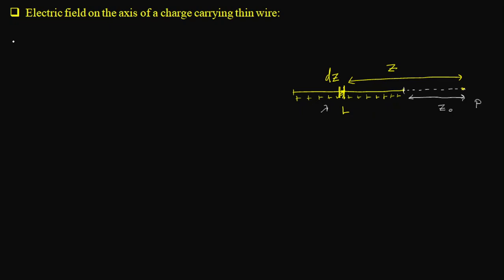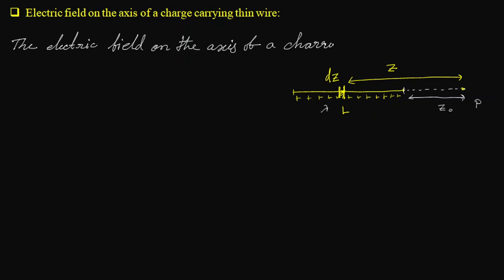So in this case, the electric field on the axis of a charge carrying thin wire is E equals 1 by 4 pi epsilon naught, and then lambda into dl.